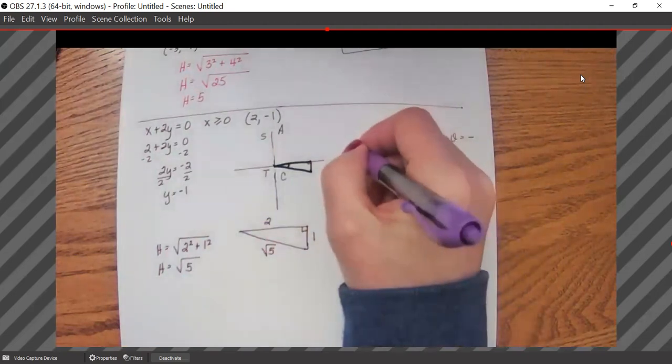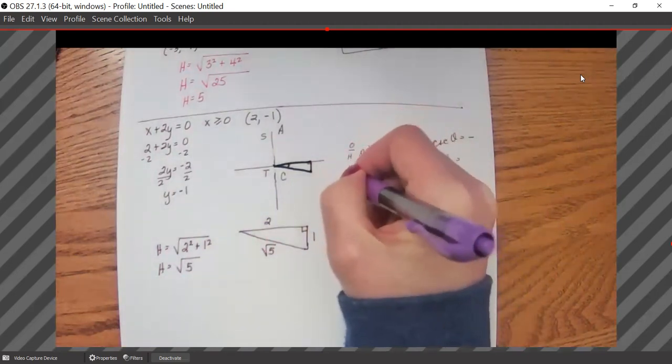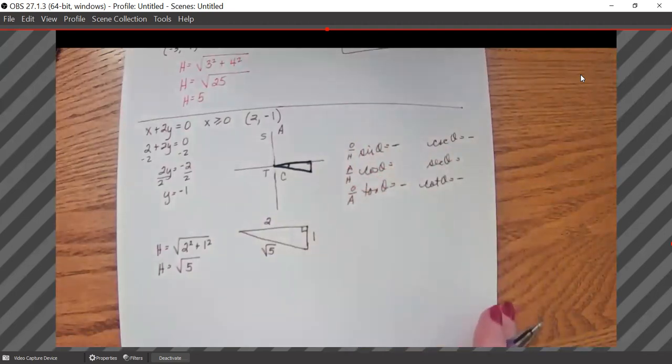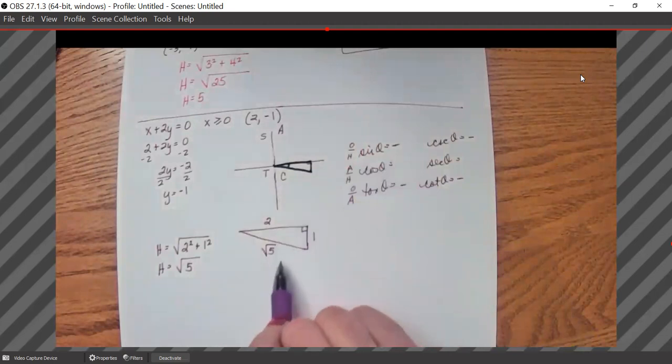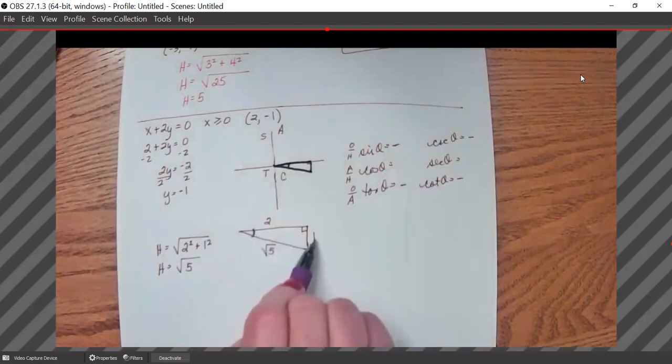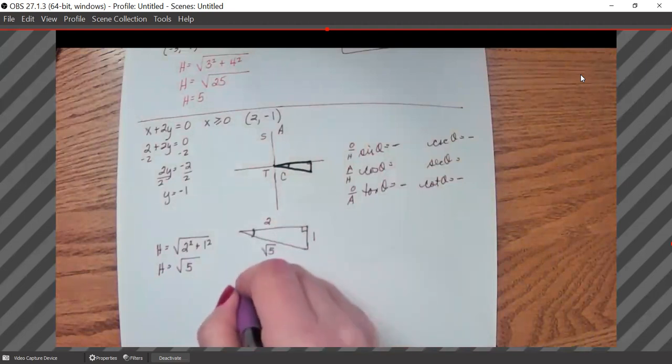So we have SOH CAH TOA. And here is my theta, from origin to the opposite. That's going to be 1 over the square root of 5.